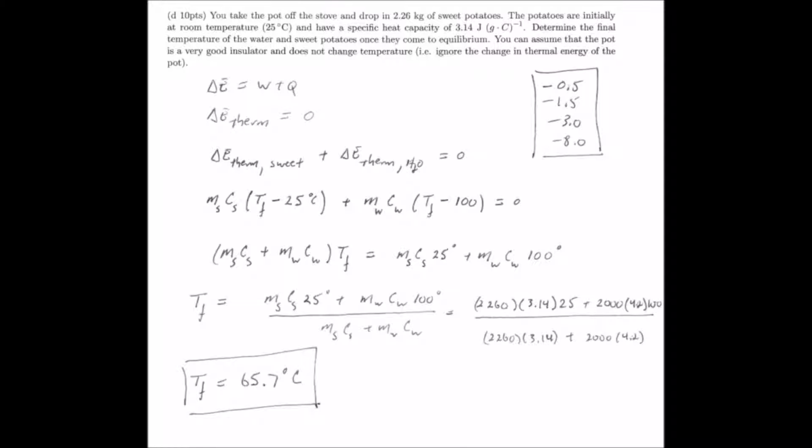When we plugged in the formulas, we had the mass of the potatoes times C, the specific heat of the potatoes, times the change in temperature, which was T final, what we're looking for, minus their initial temperature of 25 degrees Celsius, plus the delta E thermal of the H2O, which was the mass of the water times the specific heat of the water times the final temperature, which at equilibrium equals the final temperature of the sweet potatoes, minus 100 degrees Celsius.